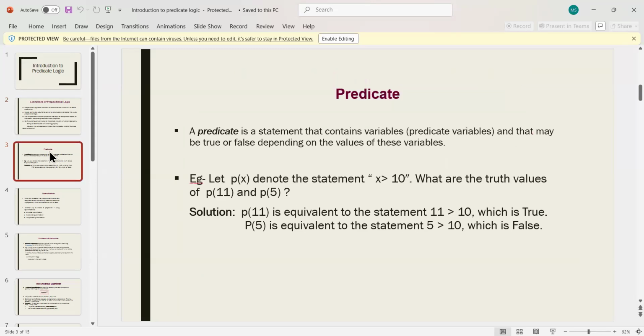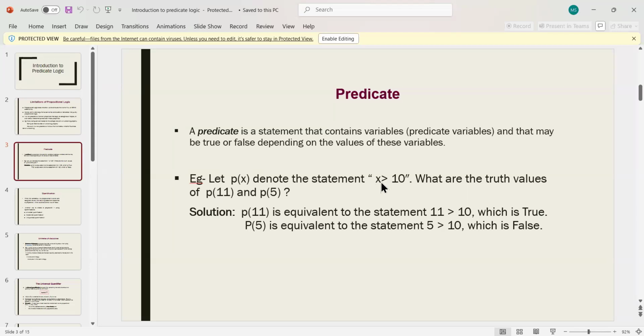Predicates. A predicate is a statement that contains variables, predicate variables, and that may be true or false depending on the value of these variables. Now, example, P of x denotes the statement x greater than 10. What are the truth values of P(11) and P(5)? Now, P(11) is equivalent to the statement 11 is greater than 10, which is true.